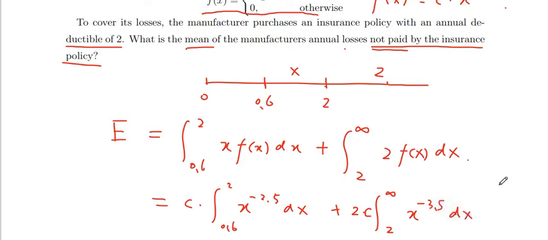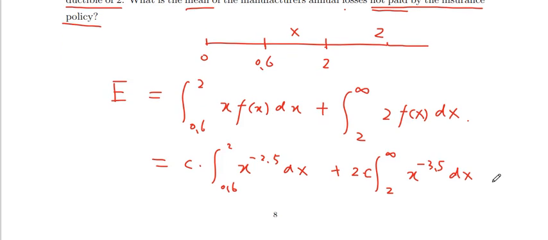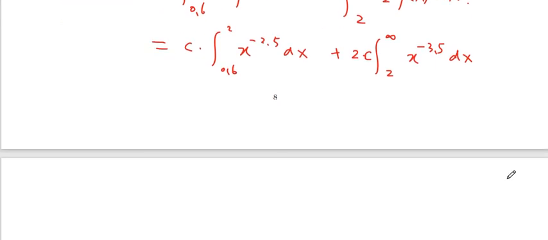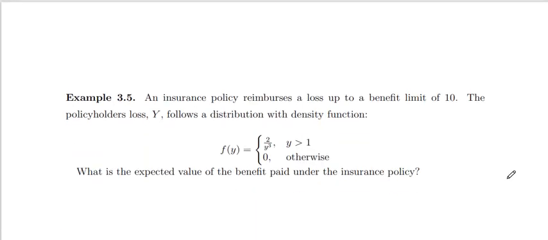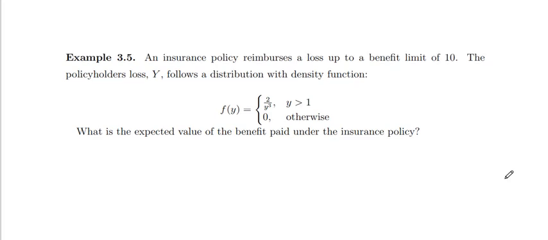For these power functions, we can easily find the integration. For this density function, the coefficient c and y to the negative 2, this is also a power function. Negative 3, so this is a power function.